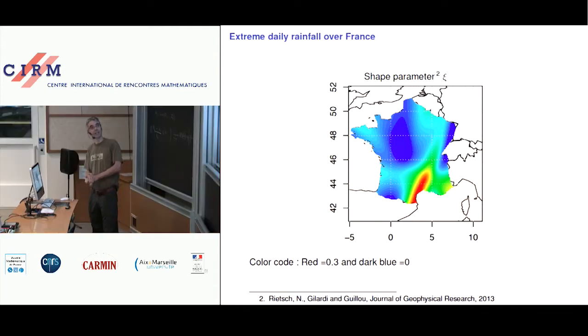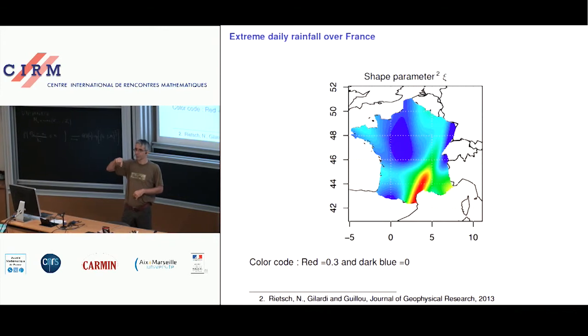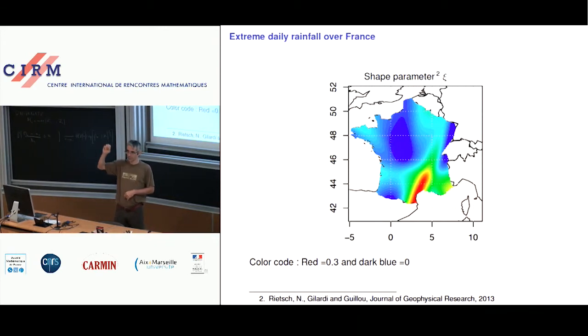Okay? And why I show this map is to tell you something very important here. This map doesn't say anything about the dependence between maxima. Here it just says at a specific location what is the intensity of precipitation.